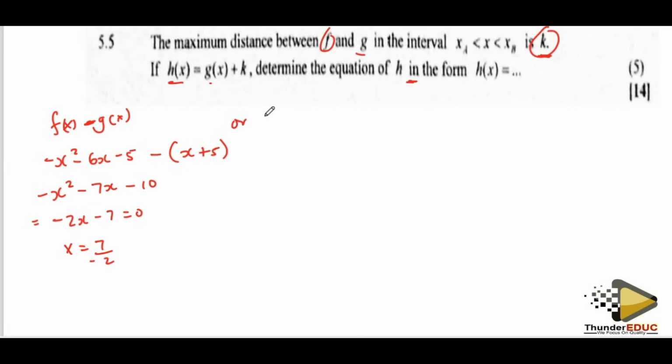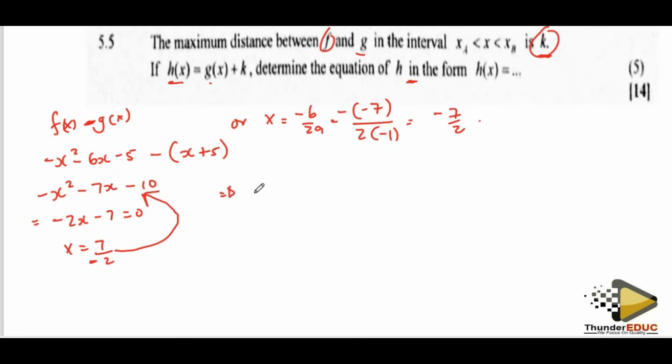If I use the axis of symmetry, negative b over 2a, my b is negative 7 over 2 times my a, which is negative 1, which is still negative 7 over 2. So either way. If this is the point where I have my maximum distance, I'll substitute this into the original to get what my k is.